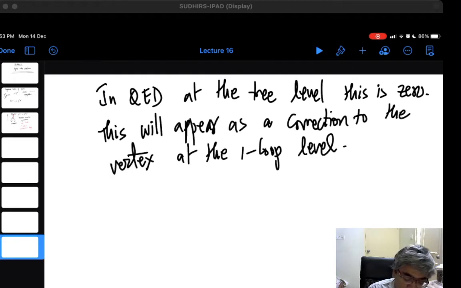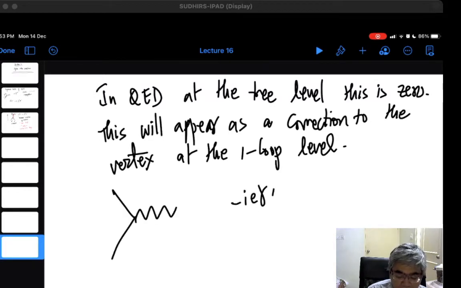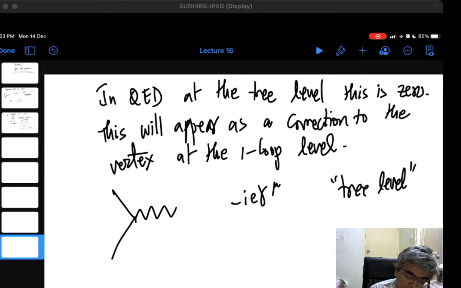Now we know that this vertex is this one, right? For example, this is just i e gamma mu. What is the vertex at higher order? This is just the tree level vertex, the tree level interaction, and what does this vertex look like at higher order? So this looks like this.